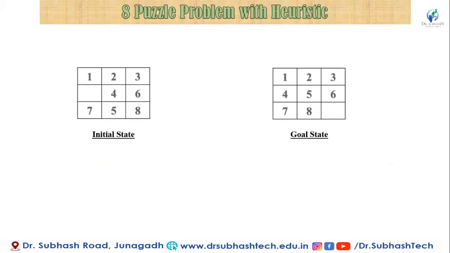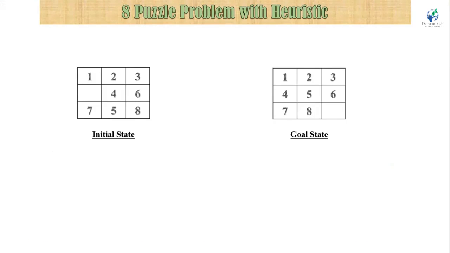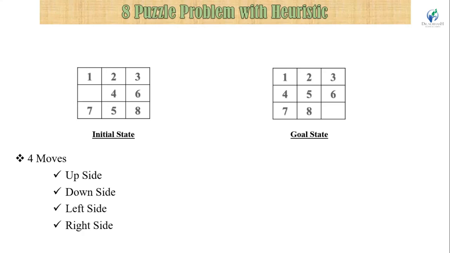In this problem, we can see we have two states: one is the initial state and the second is the goal state. We can generate moves to transfer our initial state to the goal state. We have only one blank space, or empty space, so we can apply a legal move on this empty space. So what is a legal move?